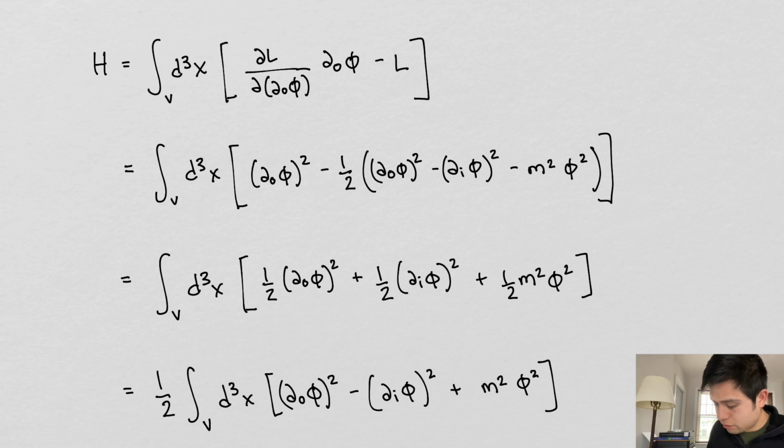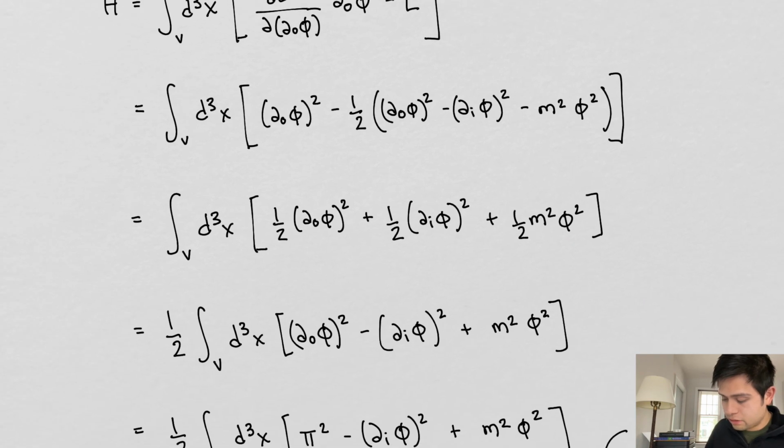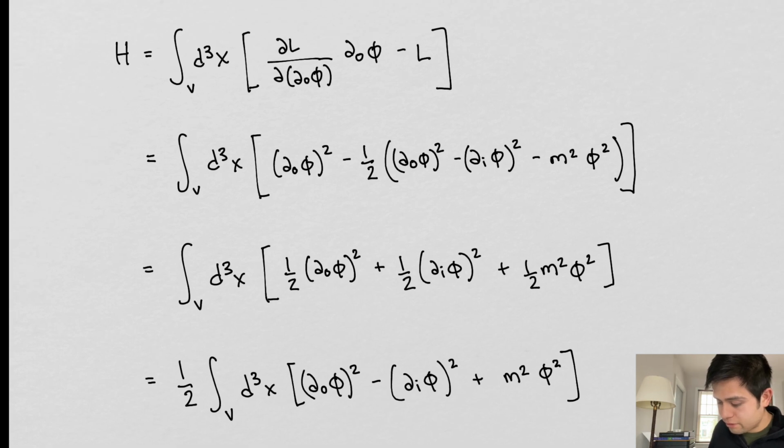So we have our Lagrangian, this is L, and this piece right here is this, okay? Essentially, this is all just simple math. We take the derivative of this.